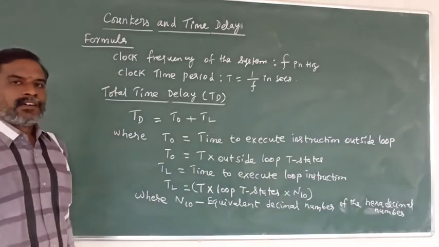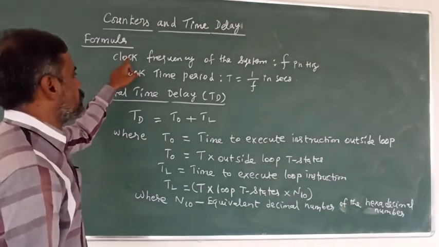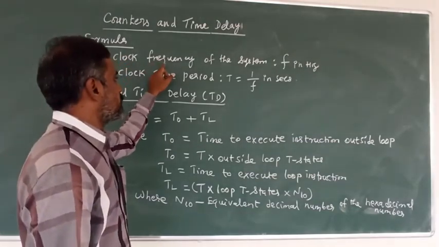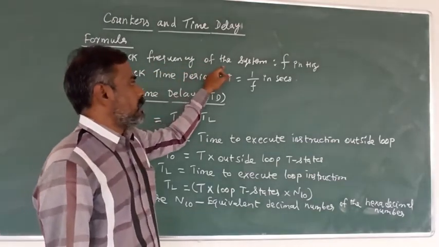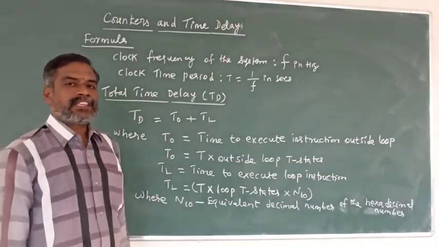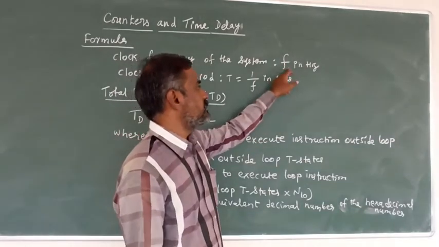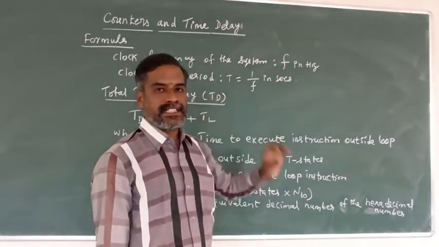Formula for time delay. F is the clock frequency of the microprocessor, in hertz.